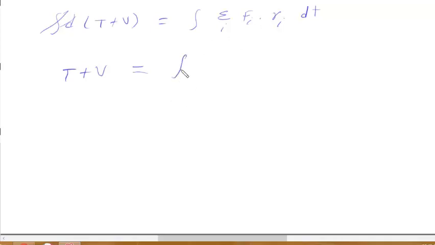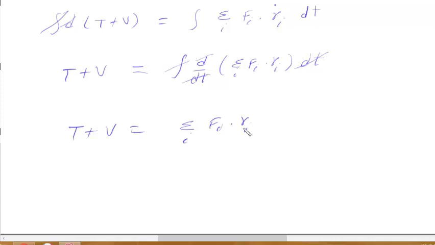Then we can write Ṙ, and this Ṙ can be written like this. This is cancelled by this and this is cancelled by this. Then T plus V is equal to the sum of the forces times Ṙi, and this is the work.